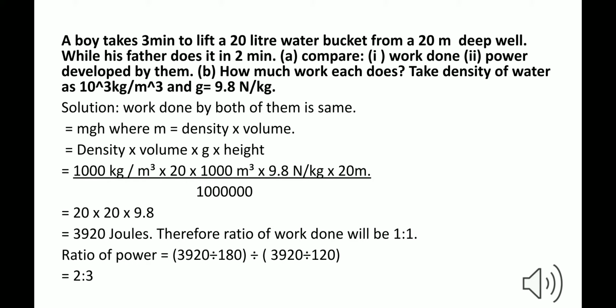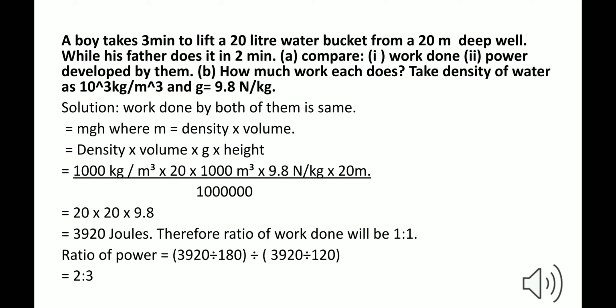So 20 into 1000, and to convert centimeter cube to meter cube, I have divided by 1 and 6 zeros. Can you see that? So it is converted to meter cube. So 1000 kg per meter cube into 20 into 1000 meter cube upon 1 and 6 zeros into 9.8 Newton per kg into 20 meters.